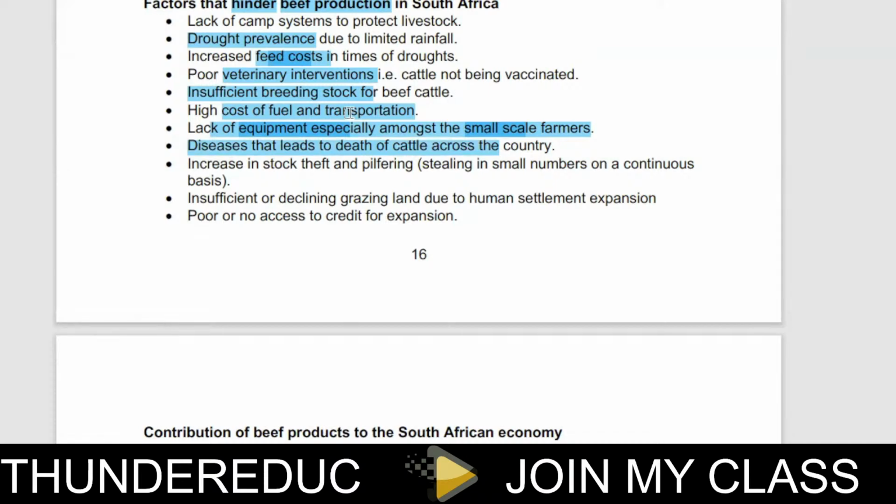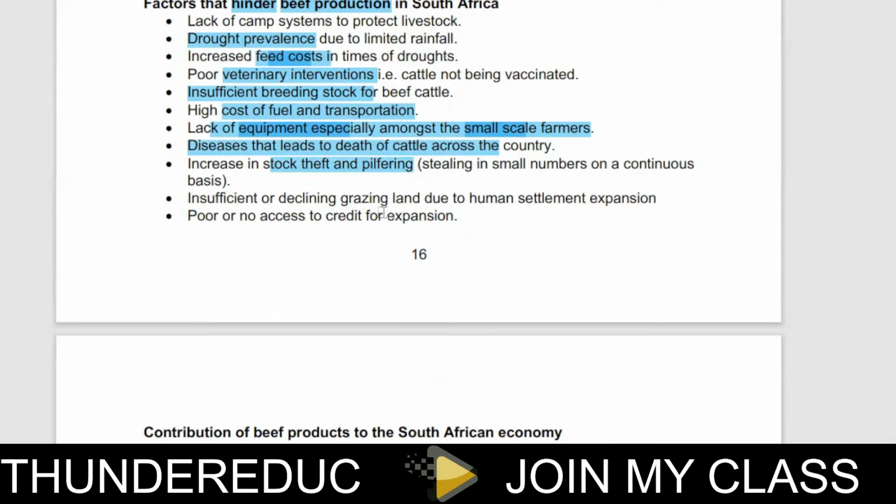You have incurred a lot of costs for it to be alive and healthy. But on maturity, when you want to benefit from that cattle, they steal them. That is a serious problem. Theft is a serious problem. Such problems are affecting beef production, and farmers end up shunning this kind of activity.